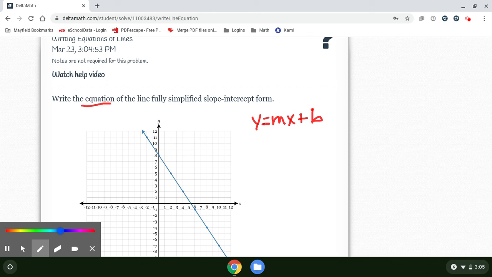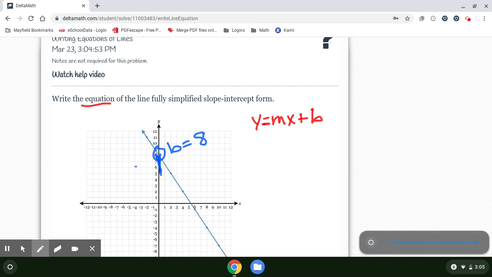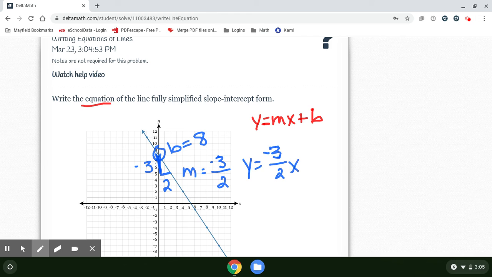So, first thing I'll look at is my b. It crosses at 8. From there, I can draw my triangle, which in this case goes down 3. So, -3 and right 2. So my slope is going to be -3 over 2.